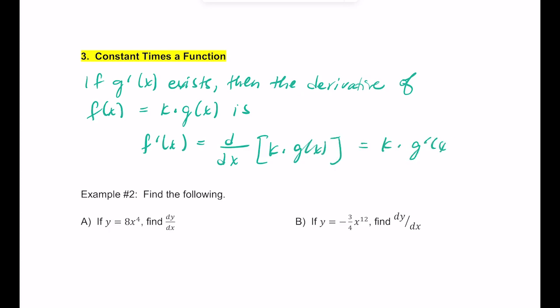So what we're doing is we're finding the derivative like we just did, and then we're multiplying it by the constant. So let me show you what that means, and then I'll show you a quick way to do it.